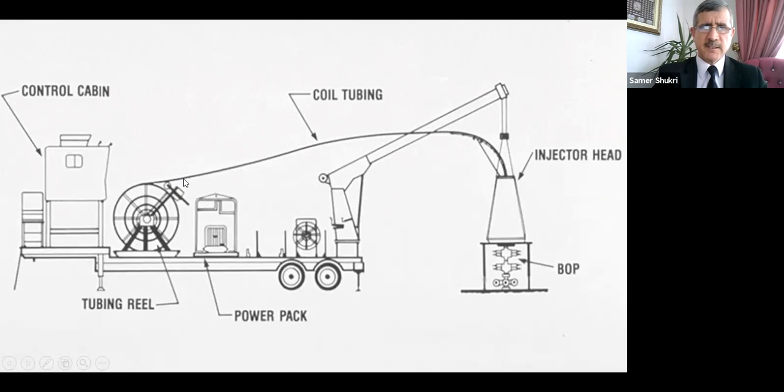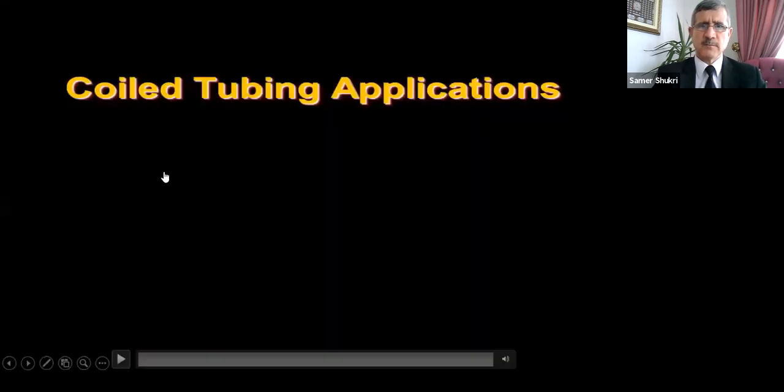If there is a leak here, he can see it. If there is parted tubing here, he can see it. So clear vision is very important for the coil tubing operator to control. He is controlling the whole situation.